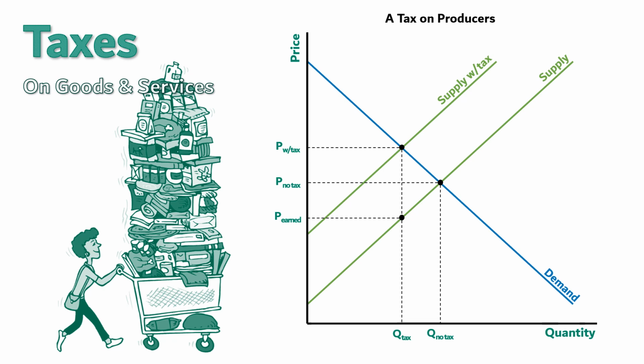They're paid this higher price by the consumer, but they have to subtract the amount of the tax from that, and they're left earning this lower price down here. Since that difference is the amount of the tax paid to the government, and it will be paid for each unit produced and sold, the total tax revenue collected by the government will be this rectangle, which is just the tax times the quantity produced with the tax in place.